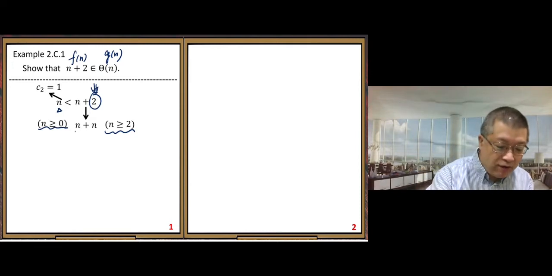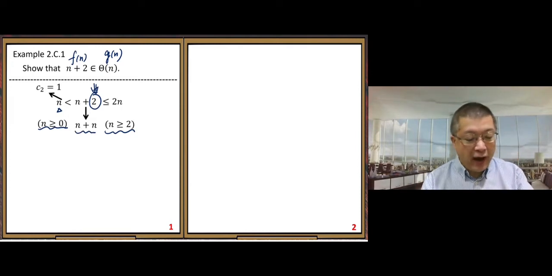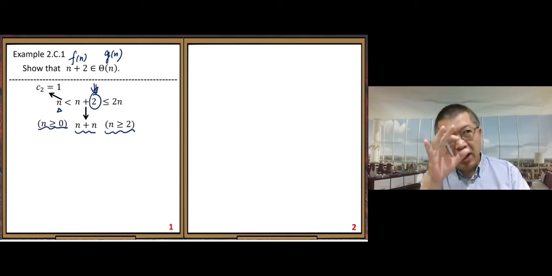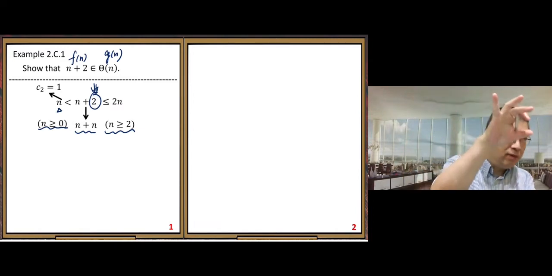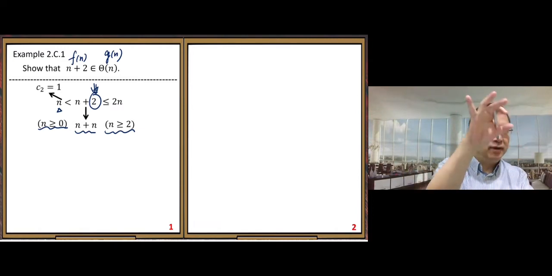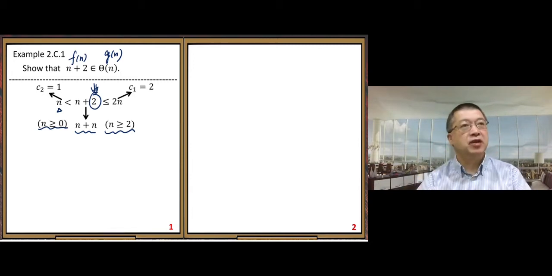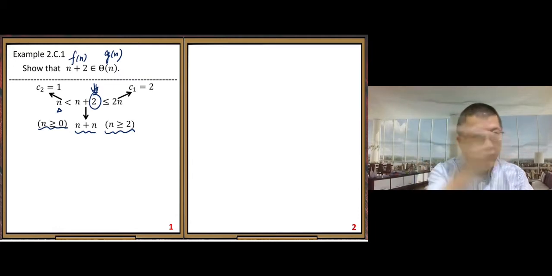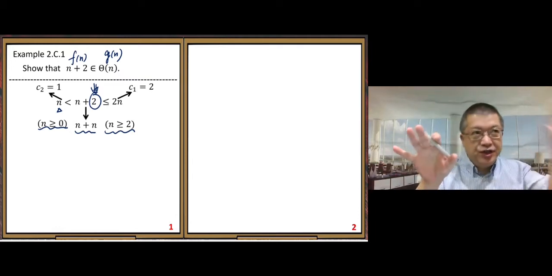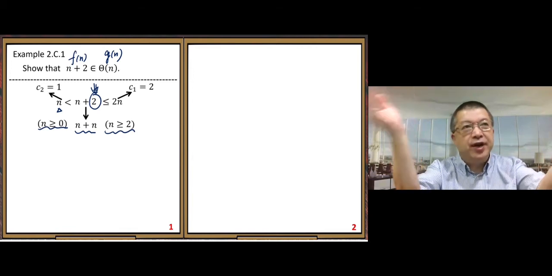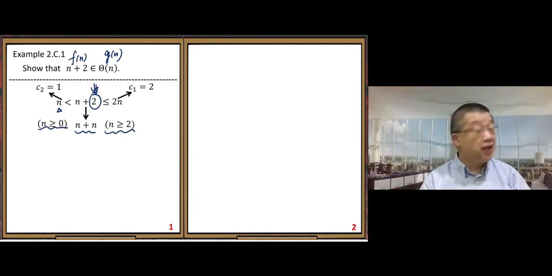Then we can simplify n plus n, that is 2n. So another constant multiple of n, but this time from the upper side. That gives us the C1 constant, C1 equals 2. Then, after C1 and C2, we need to get n0.